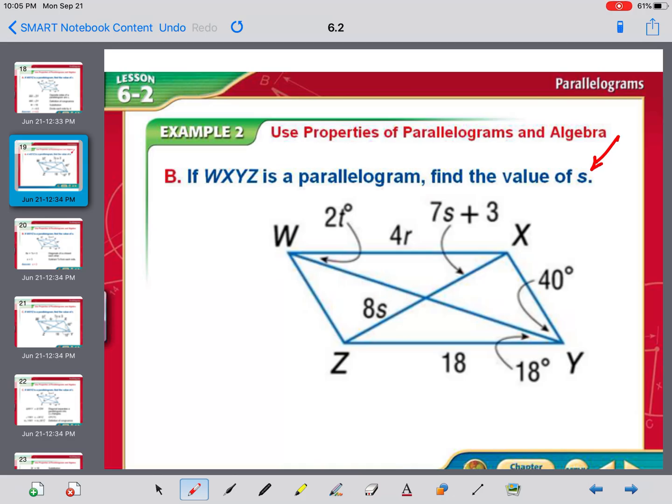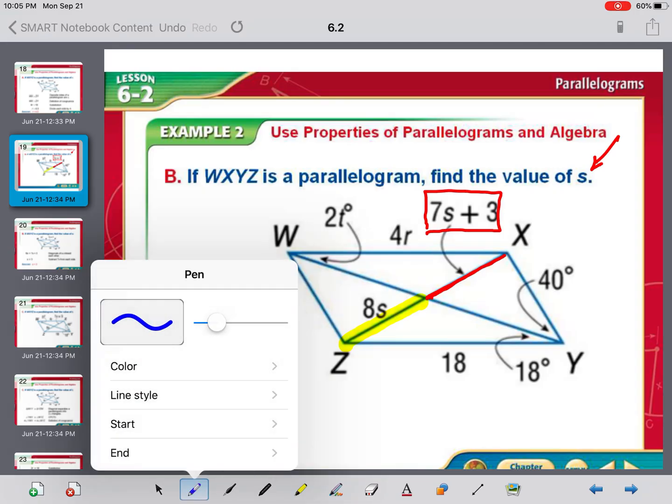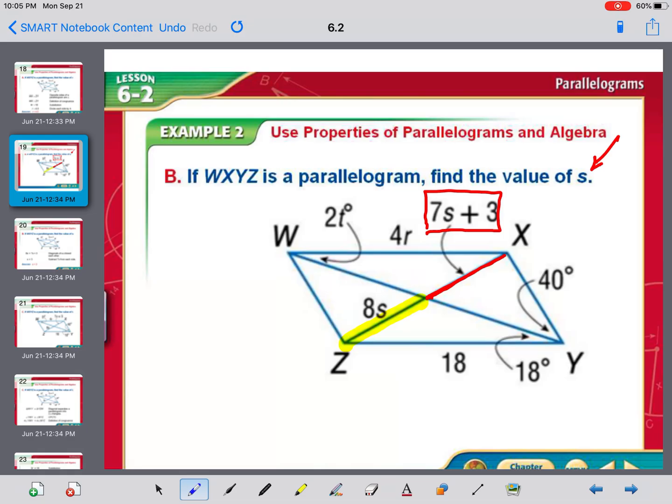Same picture, different question. They asked us to find the value of S. Well, here's S, and S, it would appear, is this piece, but it's also this piece. 7S plus 3 is the red piece, and 8S is the yellow highlighted piece. What do we know about those two pieces?